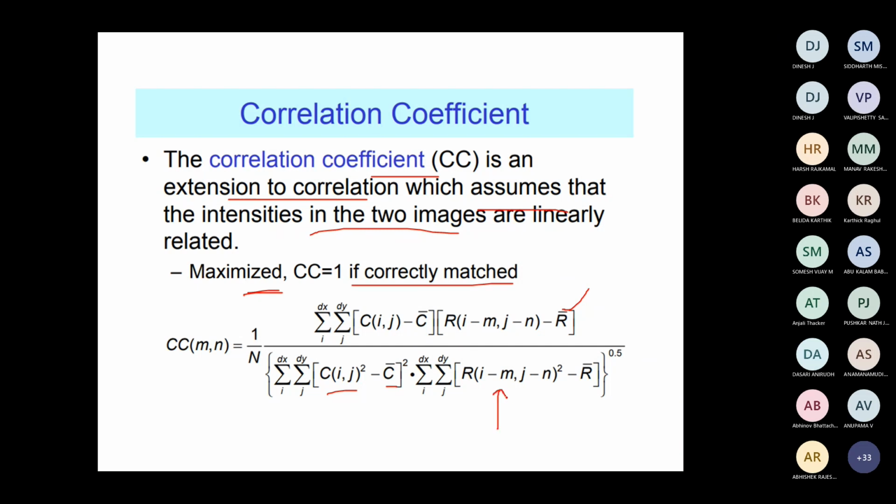Similarly, we do it for R: we calculate the average, find the difference, square it, and sum them up. Then we multiply both sides and normalize. So this is the correlation coefficient. It is 1 when they are correctly matched.